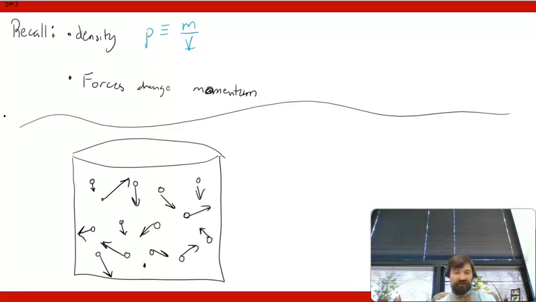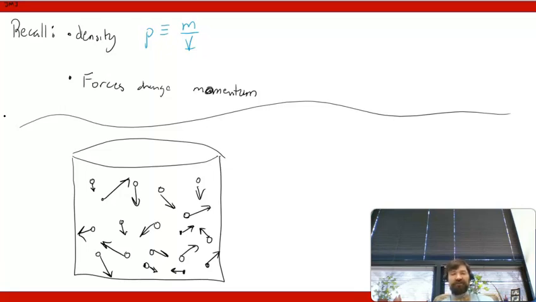As you can imagine, they would eventually undergo a bunch of collisions with each other and also a bunch of collisions with the walls of the container.